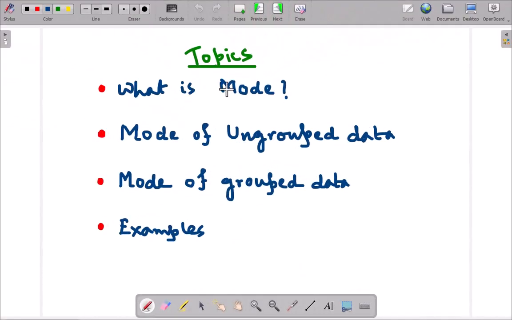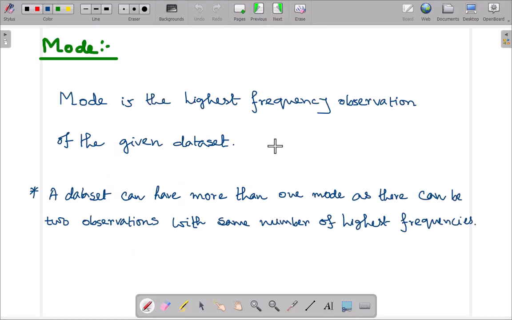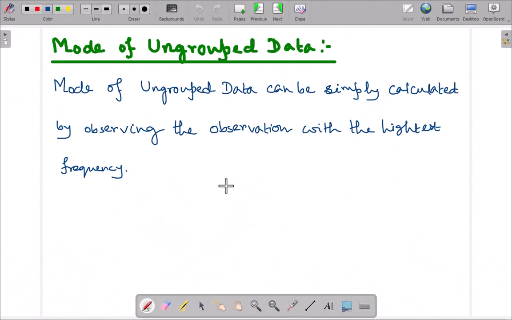Now we shall see what is mode of a given data set, mode of ungrouped data, mode of grouped data, and some examples. Mode is the highest frequency observation of a given data set. Now a data set can have more than one mode, as there can be two observations with the same number of highest frequencies. Mode of ungrouped data.